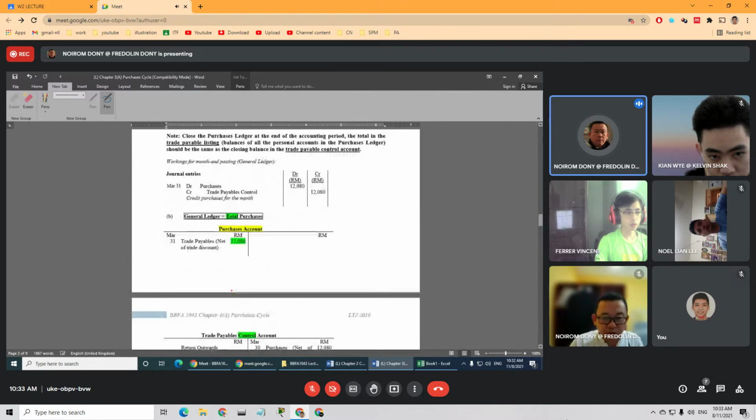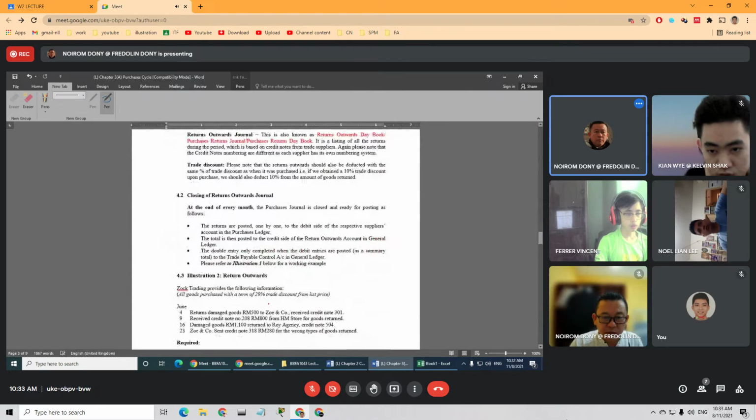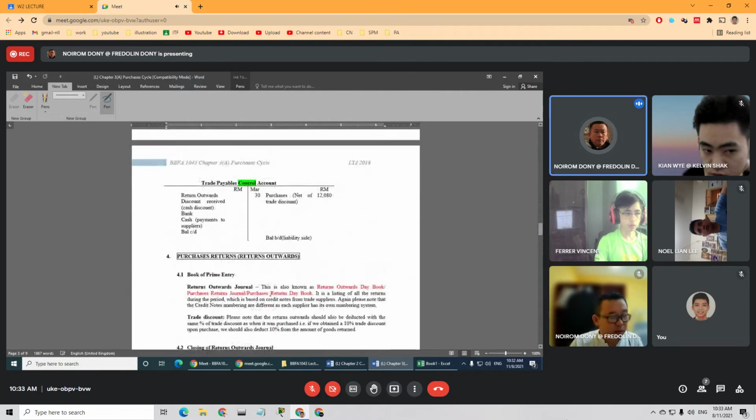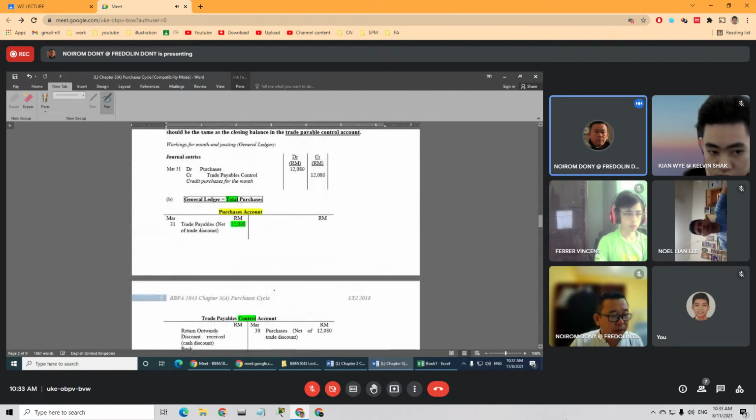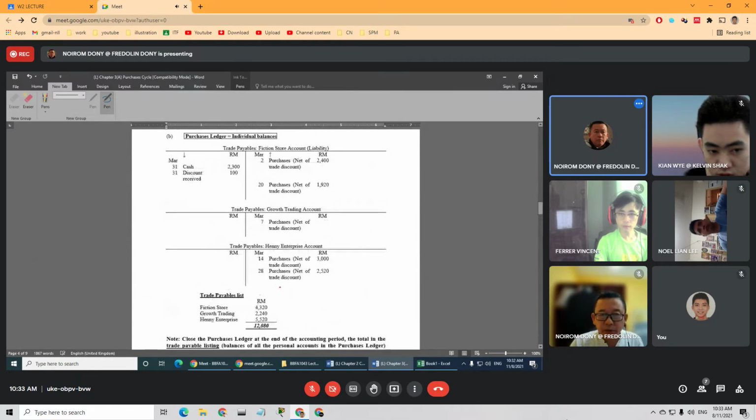It's supposed to be this transaction, but they combined it all together. Oh, so okay, that's why it looks messy. I prefer the old notes. Okay, so next time I have to show you the old notes. This one is very messy.